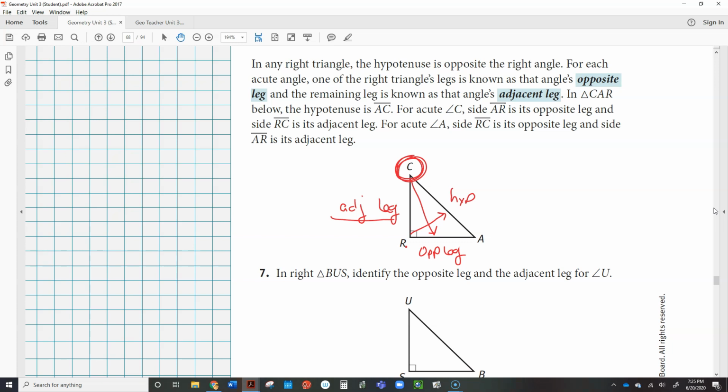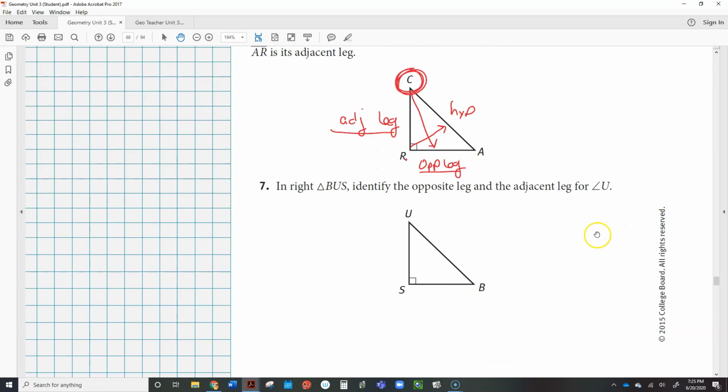So in trig, when we're working with trig ratios, the most important thing is that you be able to identify, first of all, which angle you're going to be working with, and then you have to identify what the other legs are, and which one is the opposite, which one is the adjacent. So it says for this triangle right here, triangle BUS, identify the opposite leg and the adjacent leg.